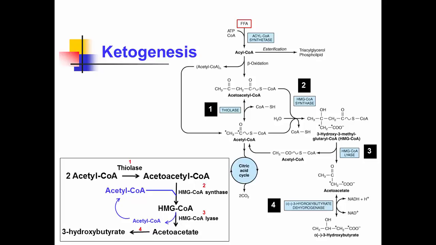Together with an additional acetyl-CoA molecule, the third acetyl-CoA molecule, it forms HMG-CoA. The enzyme that catalyzes the formation of HMG-CoA is HMG-CoA synthase, right? And then the HMG-CoA is broken down to acetyl-CoA and acetoacetate by the enzyme HMG-CoA lyase.